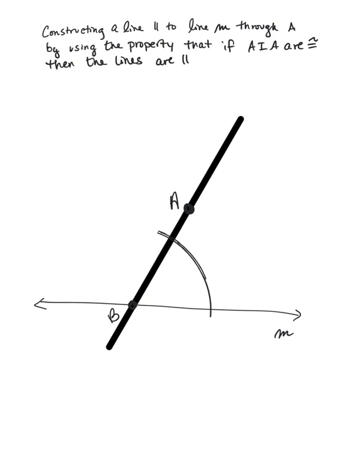Okay. Then you go to A, you keep the same radius setting. Swing an arc upward.